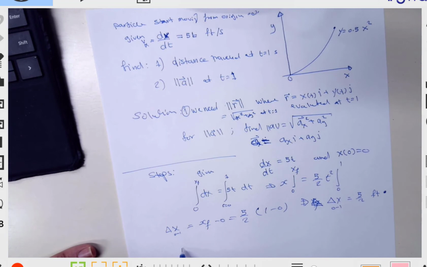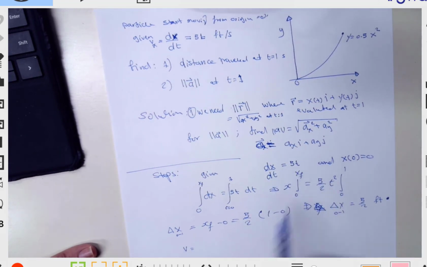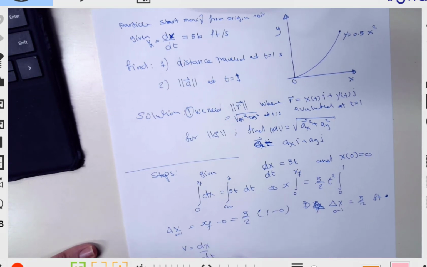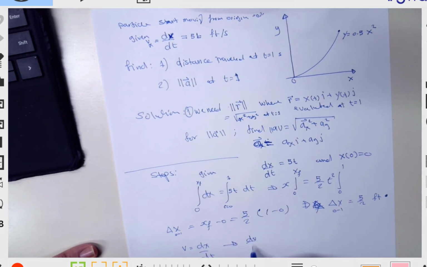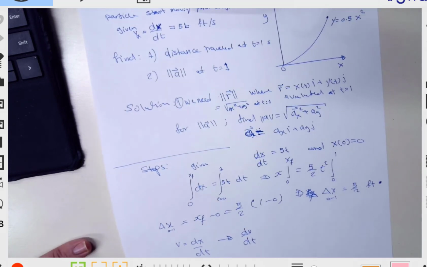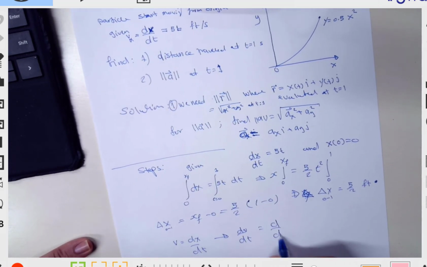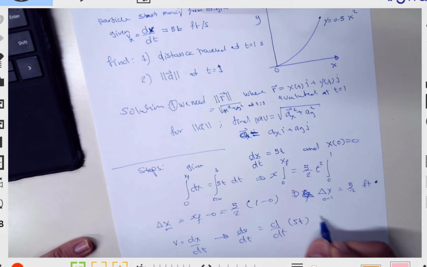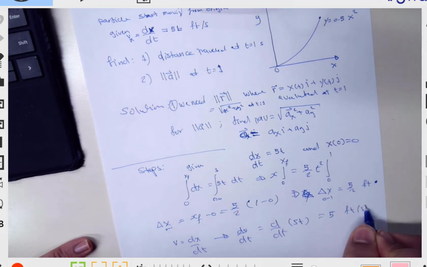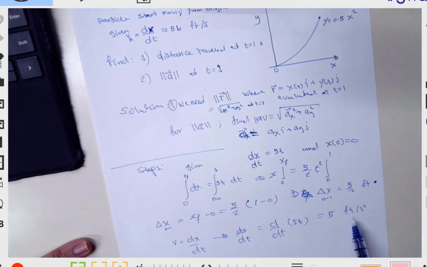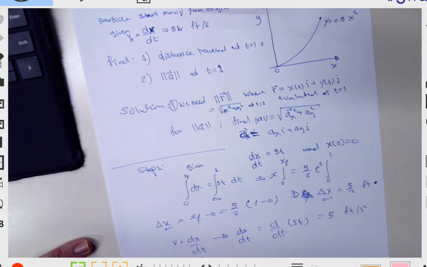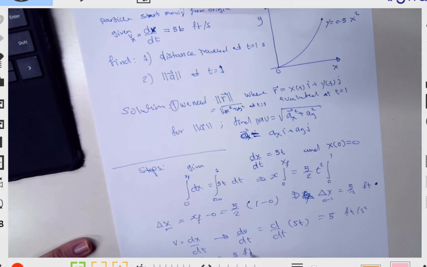Given v, which is dx over dt, dv over dt is the derivative of 5t, which is equal to 5 feet per second squared. It doesn't change regardless of the time, so it's a constant. So this defines ax, and ax at time equal to 1 is equal to 5 feet per second squared.